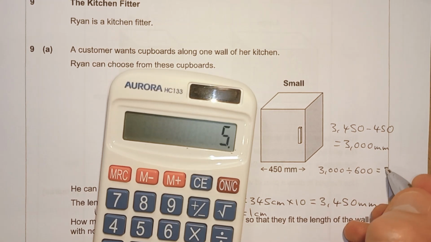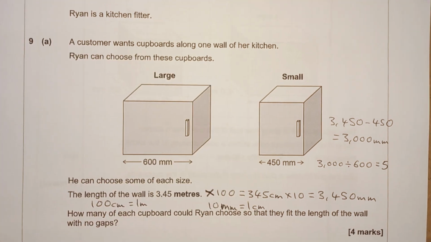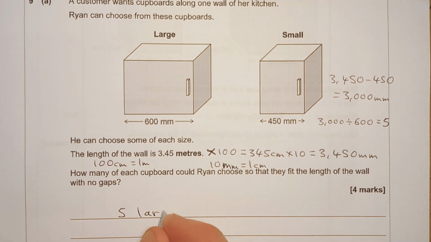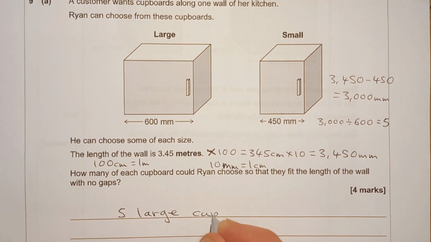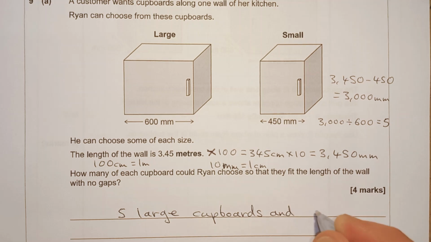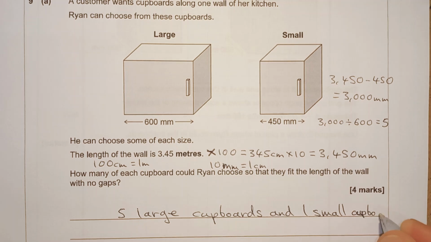We get 5. So what that's telling us is that we can have 5 large cupboards and 1 small cupboard.